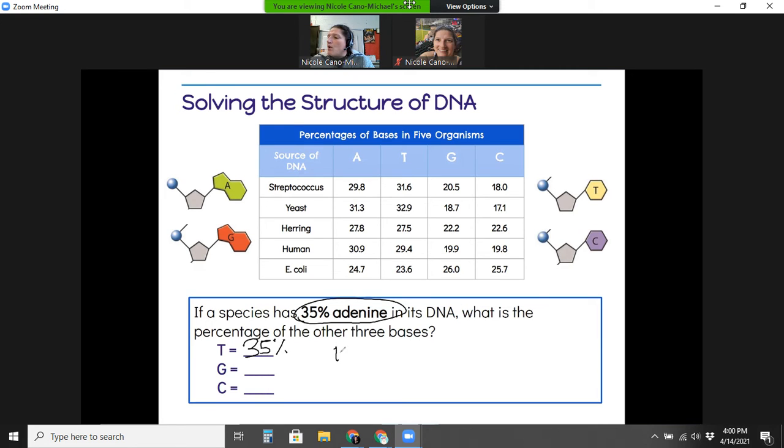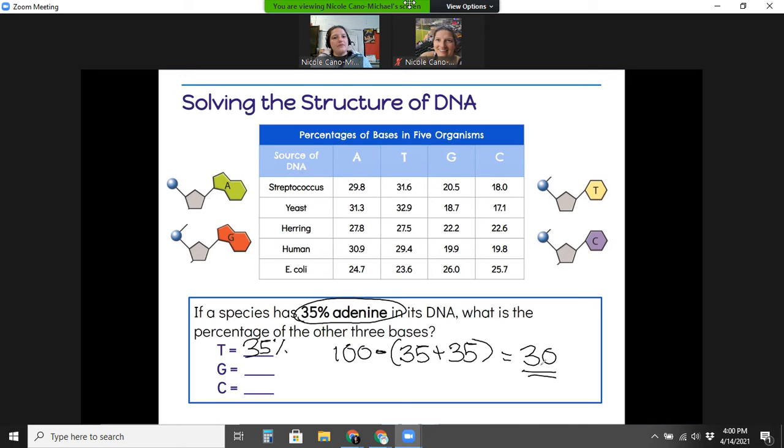Now I have to say 100 minus my adenine, 35, plus my thymine, which is also 35. So 100 minus 35 minus another 35 is going to be, what is that, 30? That's what's left over.